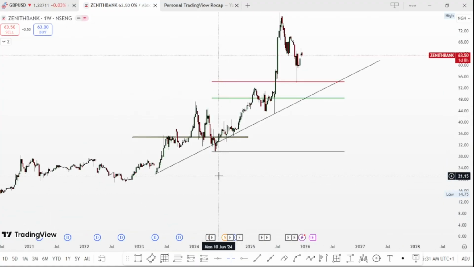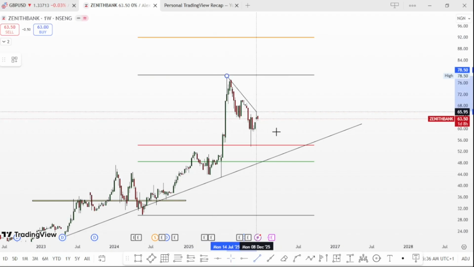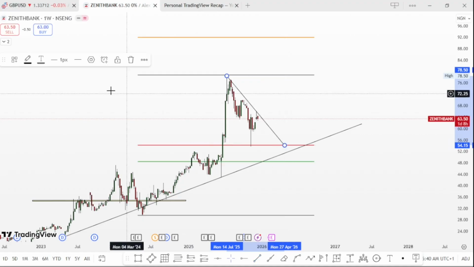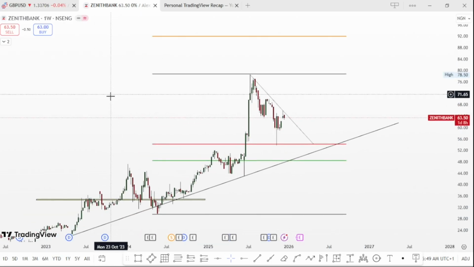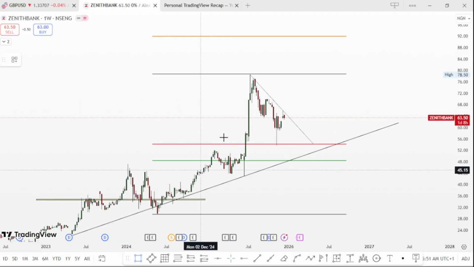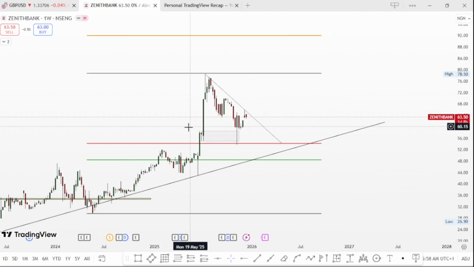Price is reacting off this demand right about here, which was in confluence with this Fibonacci golden zone by just a wick.